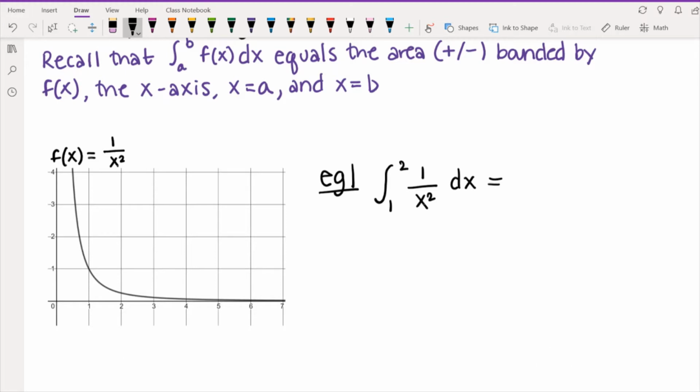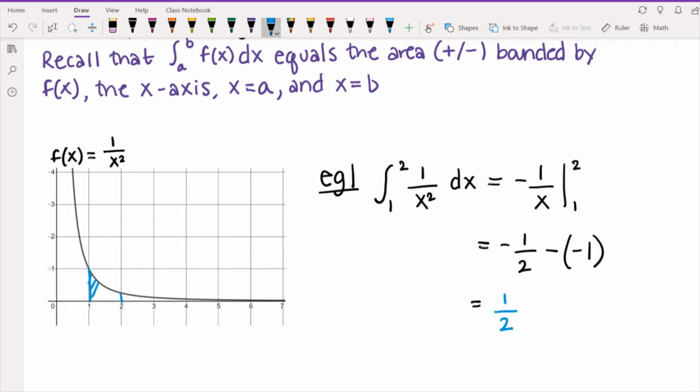It is negative 1 over x, and we can plug in 2, we can plug in 1, and we get negative 1/2 minus negative 1. And so that's going to be equal to, let's see, negative 1/2 plus 1, so that's equal to 1/2, right? And so what does that 1/2 refer to? Well, it's just this area that I'm shading in blue.